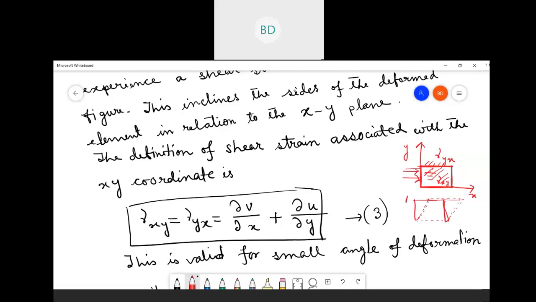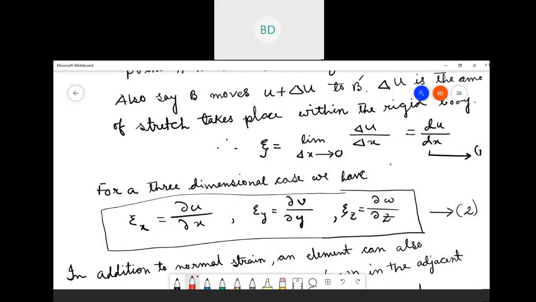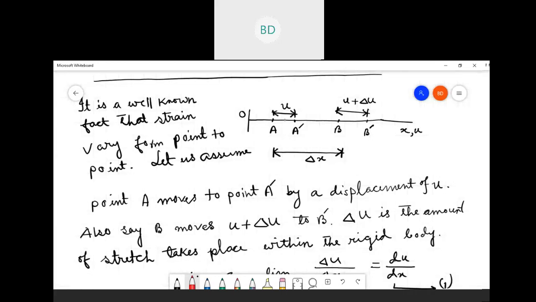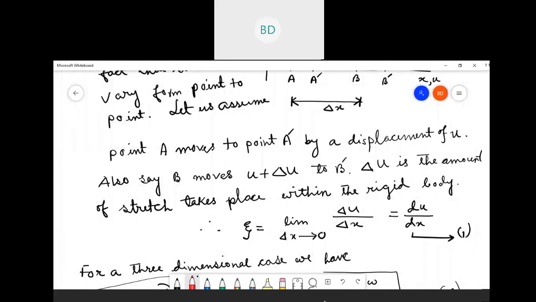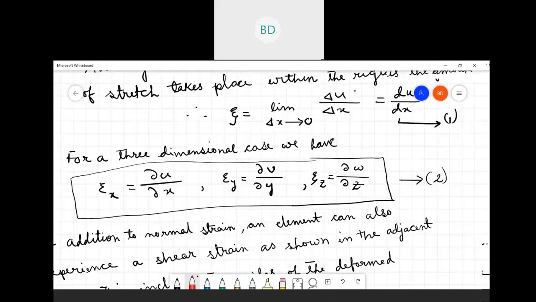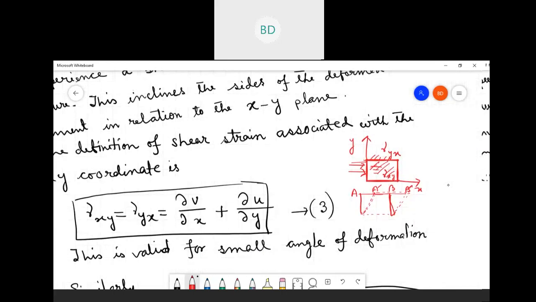Earlier suppose it was A, it was B, now it is A dash, it is B dash. Now you can refer to the previous figure, this figure once again. This is the case actually happening there. Earlier your figure was like this, and after pushing it or reshaping it, it becomes like this.